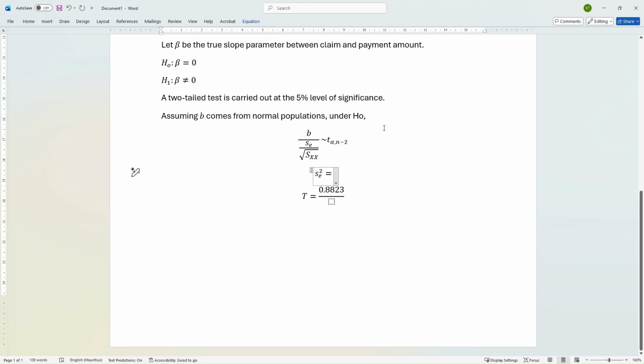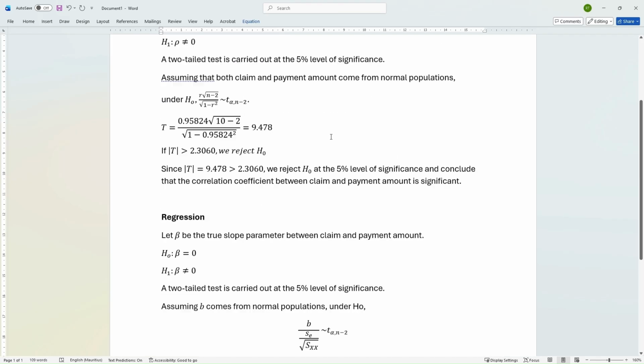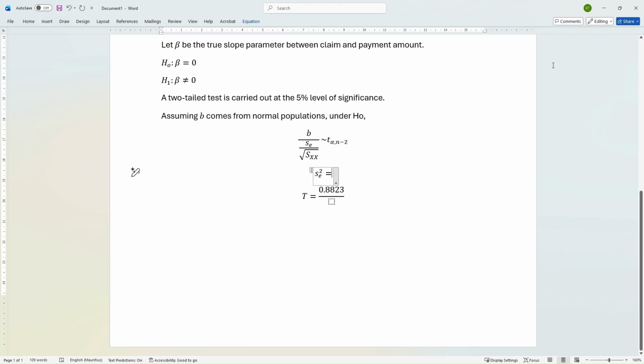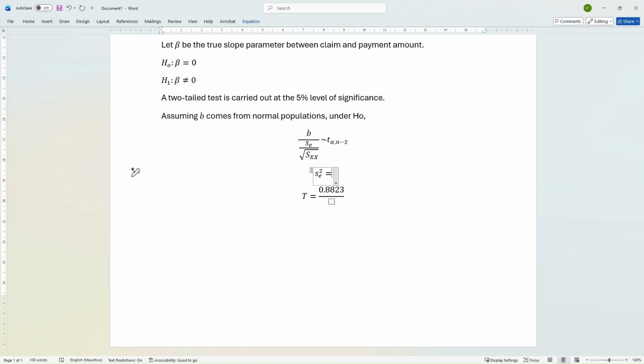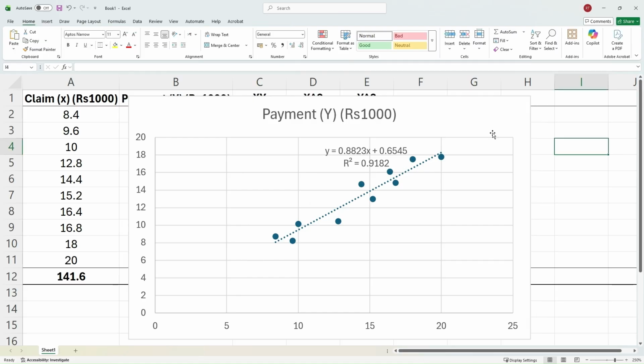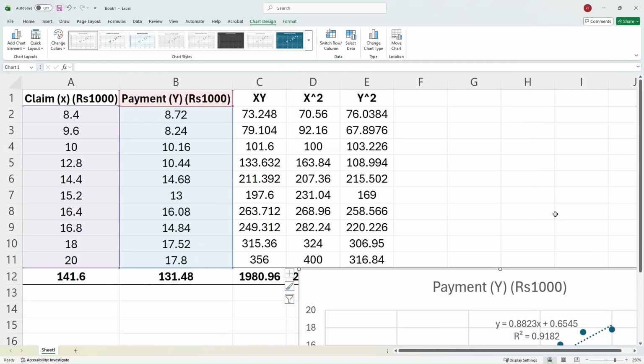It's going to be the sum of squares of x. So we have to compute it this time. Unfortunately, I don't have the information with me, but we will have to compute it, okay?